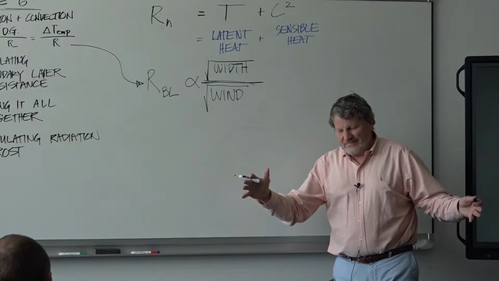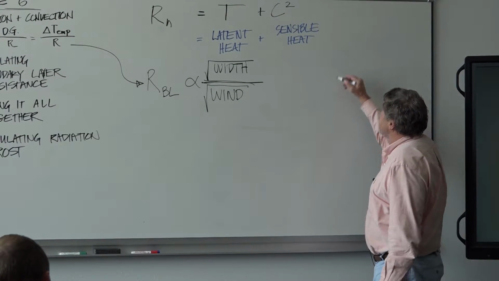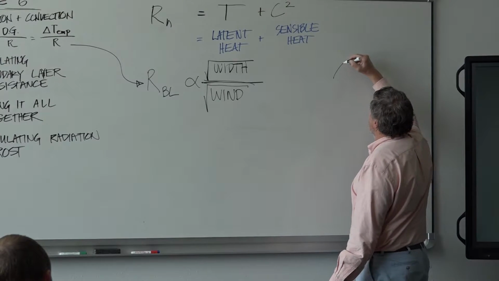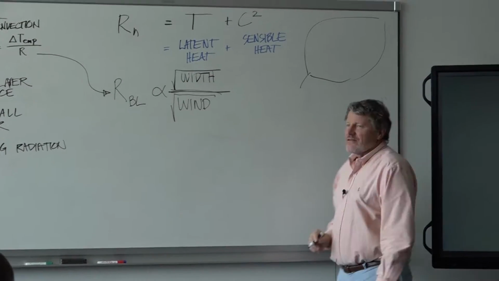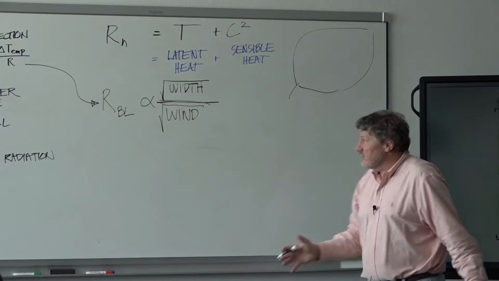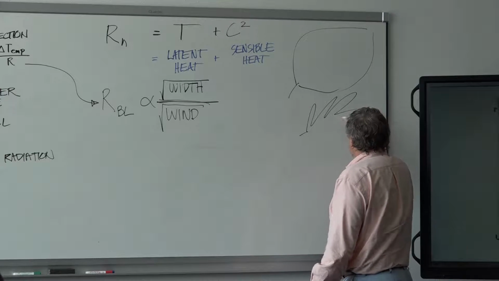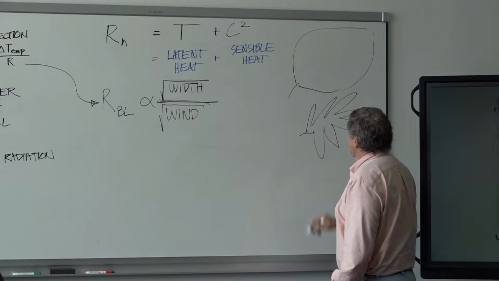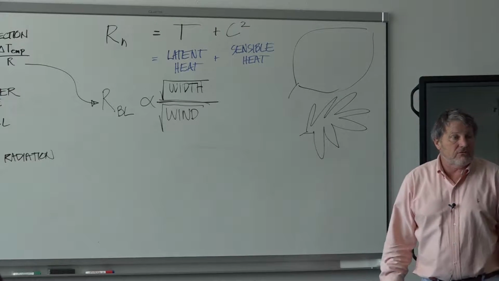And the textbook has some examples of shapes of leaves, but imagine, I'm going to put this up here, some giant banana leaf which would have poor heat transfer characteristics versus some leaf that might look like that. This has much better heat transfer characteristics.